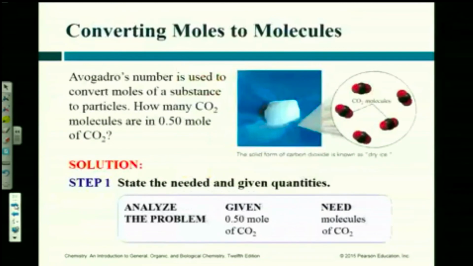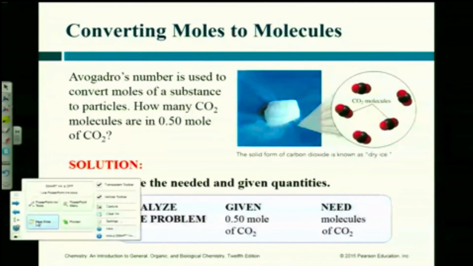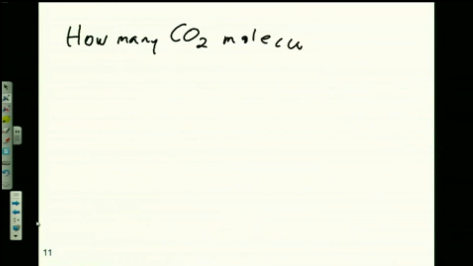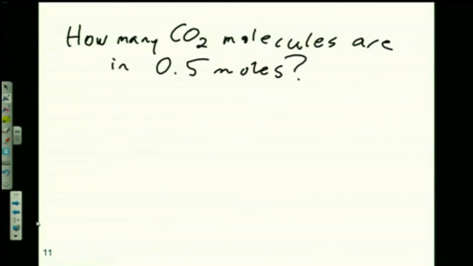So, how are we going to do a calculation? The question is, where do you think we're going to start?